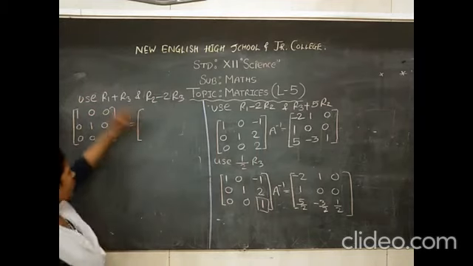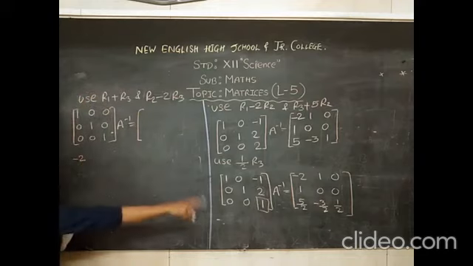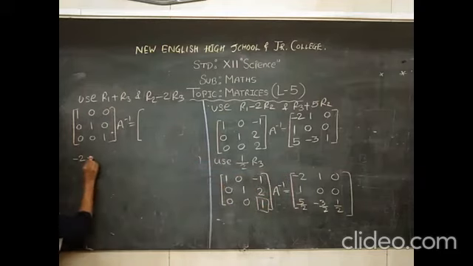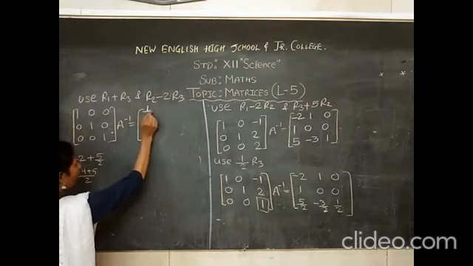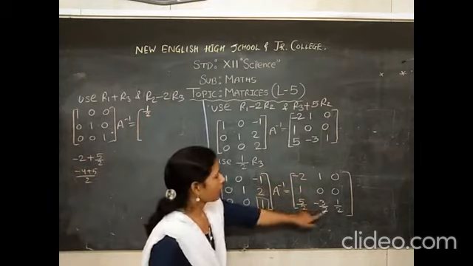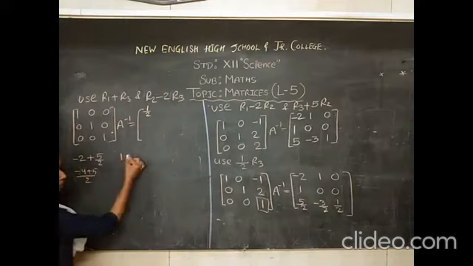First we will do R1 plus R3. What is R1, children? Minus 2. Plus R3. Minus 2 plus 5 upon 2. Minus 4, minus 4 plus 5 upon 2, that is 1 by 2. Here we have got 1 by 2. Next, 1 plus minus 3 by 2, I can write 1 minus 3 by 2.